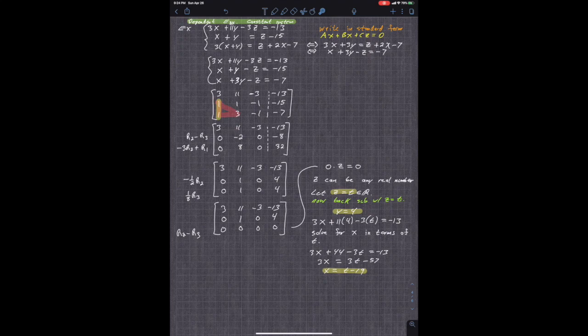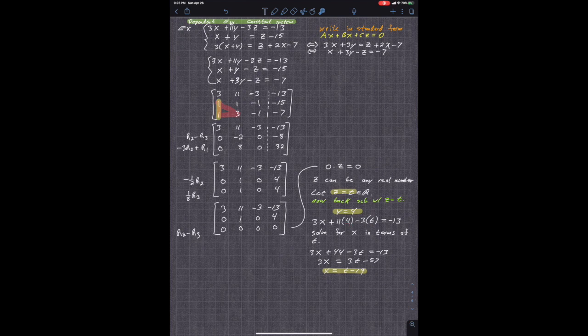So you go back to the previous equation, which says 3 times x plus, let's see, where is it? Well, this is it right here. That just says y is equal to 4. So there is no z for this one. So that's done. Then you go back to this equation and substitute for z and y.